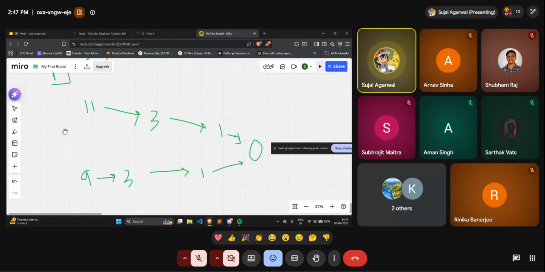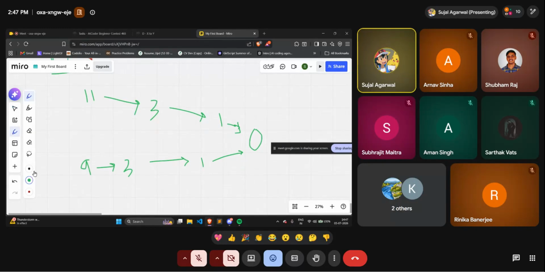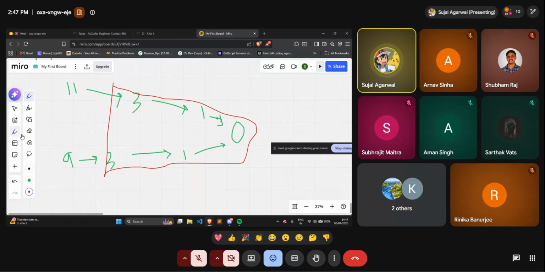So you can observe the path. There's a lot in common in itself. This part is actually common, right? So does it make some sense if we go on dividing beyond this point?